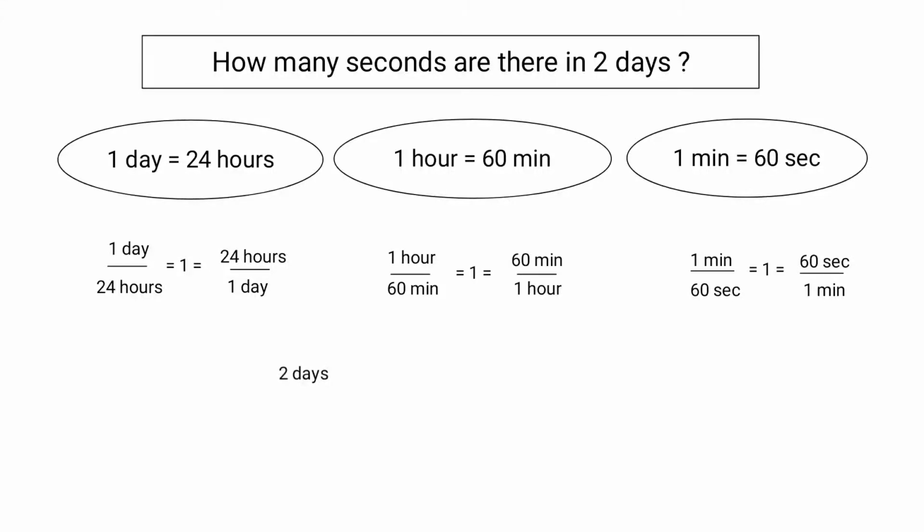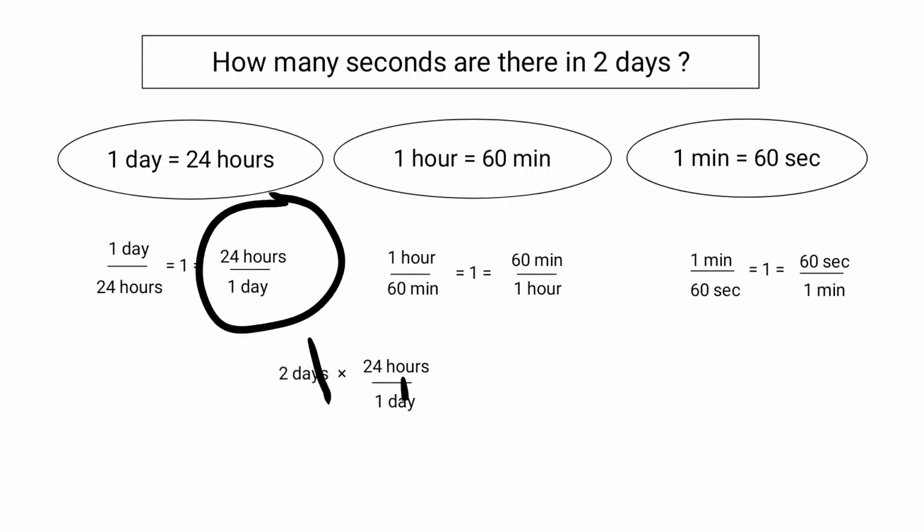Which unit factor are we going to select? The second unit factor. So we are multiplying 2 days with the unit factor 24 hours divided by 1 day. What happens over here? Day and day get cancelled. We are left only with hour.